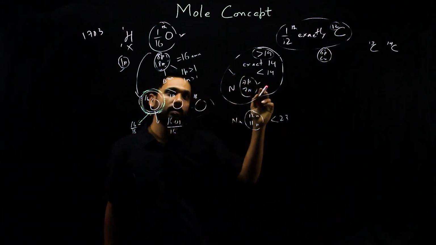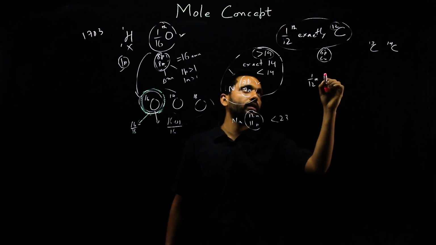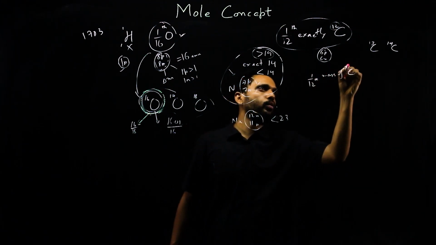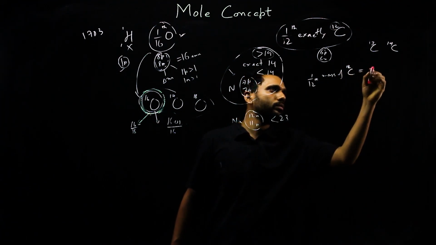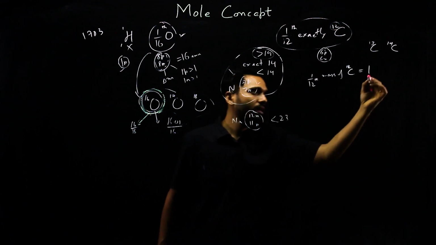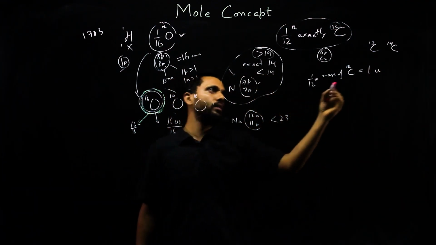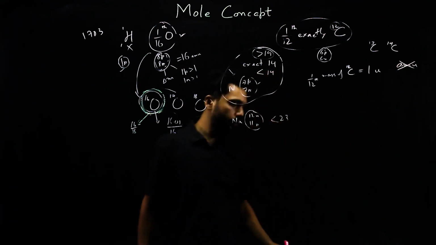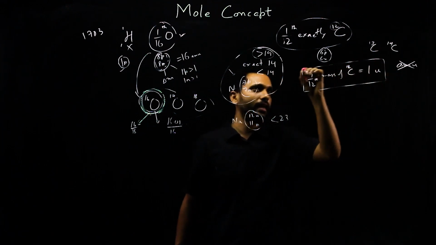So 1/12 of the mass of carbon 12 exactly is equal to 1. Now it was called unified atomic mass unit, 1 U. So that term AMU was no longer used. So that's gone. So this is the exact definition. This is the exact value.